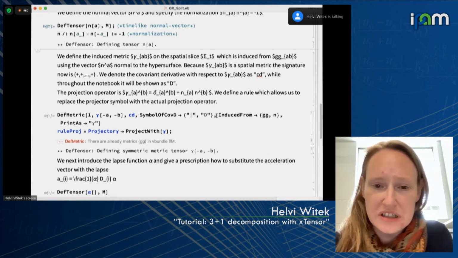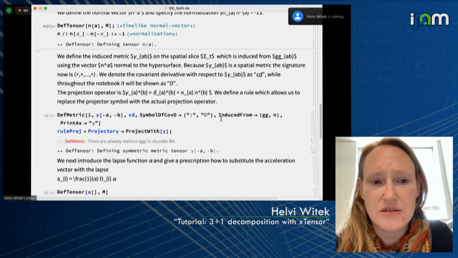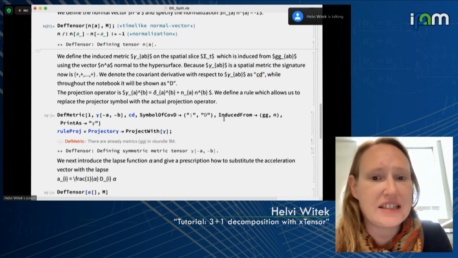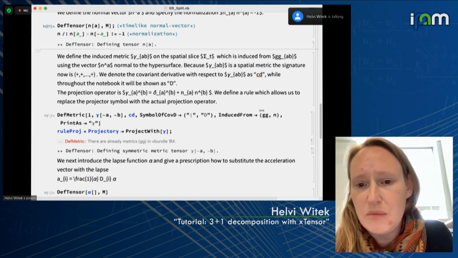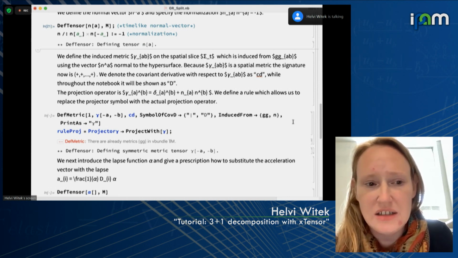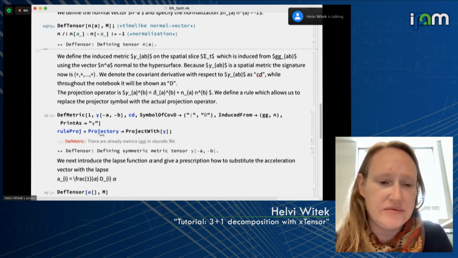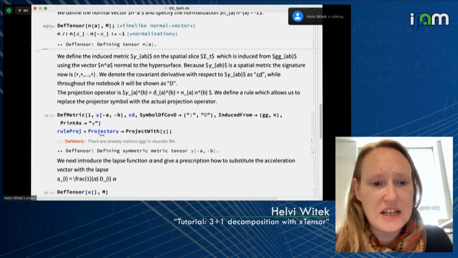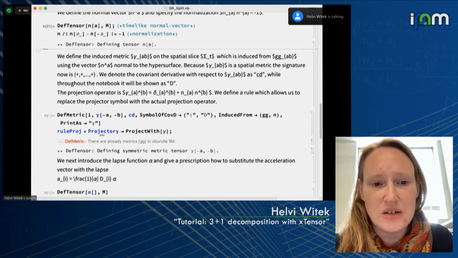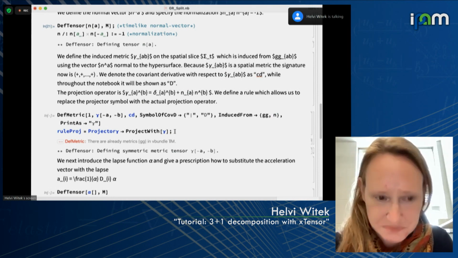And then, since this is an induced metric, I can tell xTensor that it's induced from my 4-dimensional spacetime metric G and the normal vector N. This is just printed out here. I'm also defining another rule where I say that whenever I have my projector, I want this written out as the induced metric.